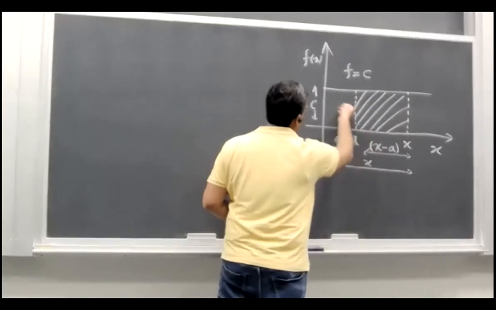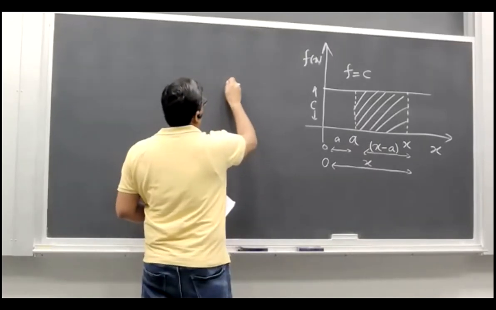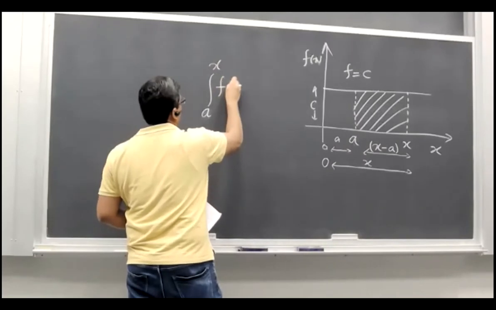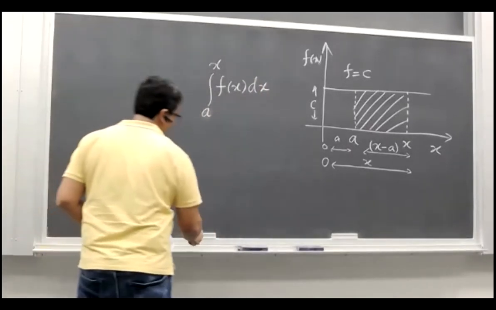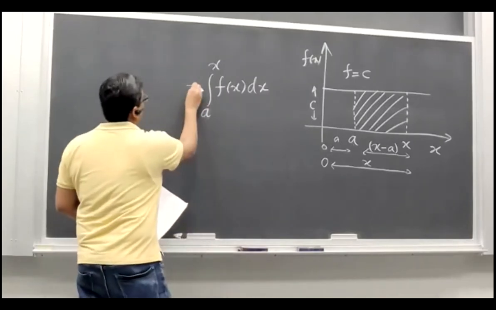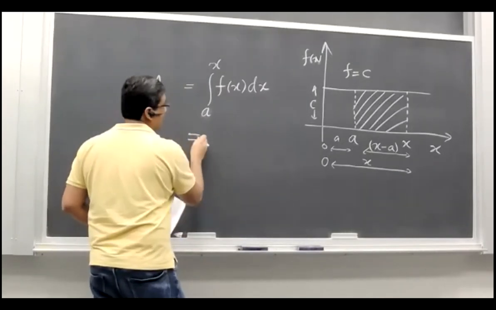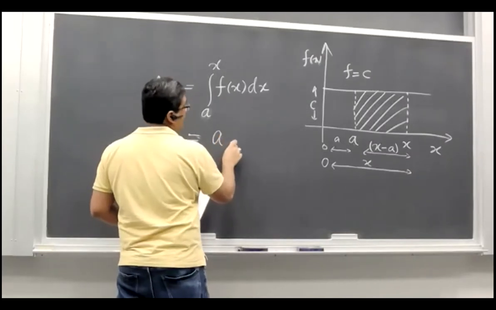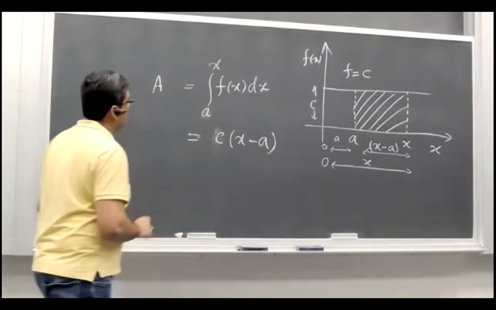So once I have the side and the height, the area, which we have been defining as the integral, that would be c times x minus a.